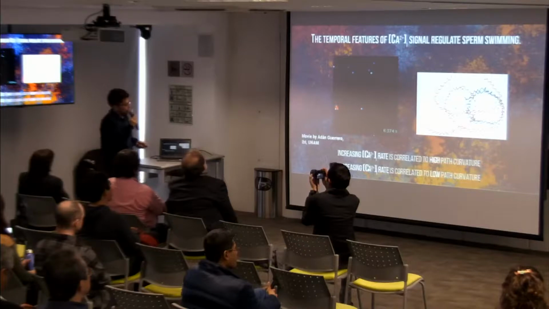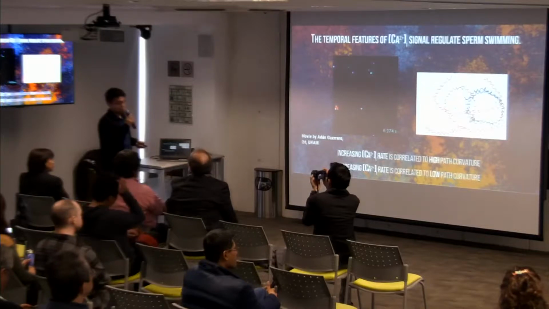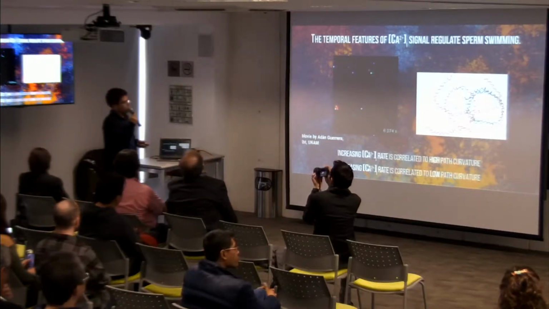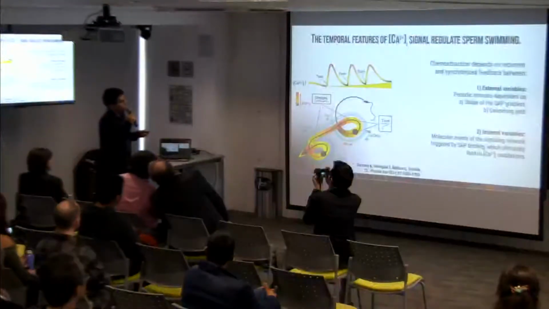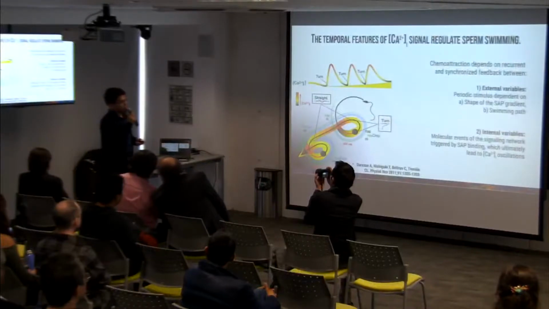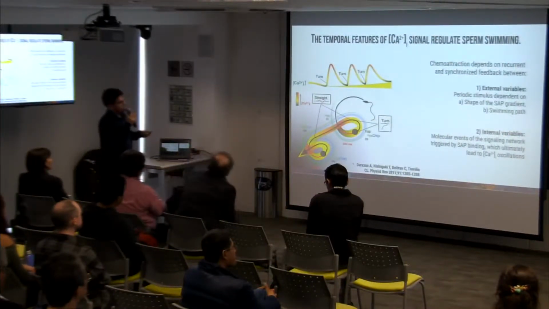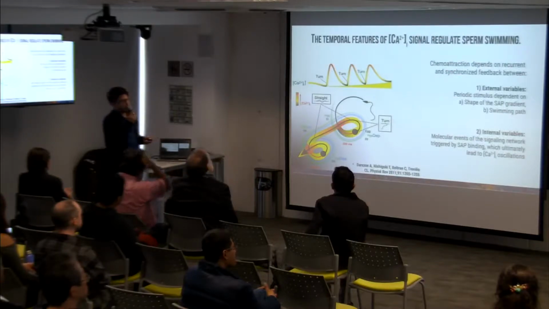It has been reported that an increasing calcium rate inside the flagellum is correlated to a higher path curvature, whereas a decreasing calcium rate is correlated to a low path curvature. So the temporal features of this calcium signal regulate the sperm swimming, but this implies a recurrent feedback between two kinds of variables.